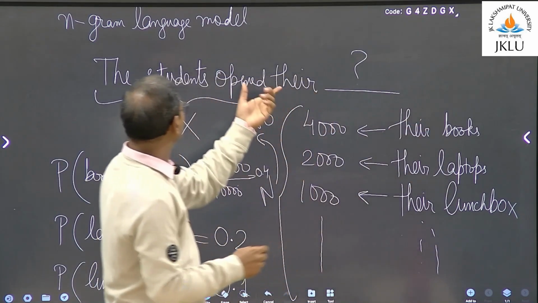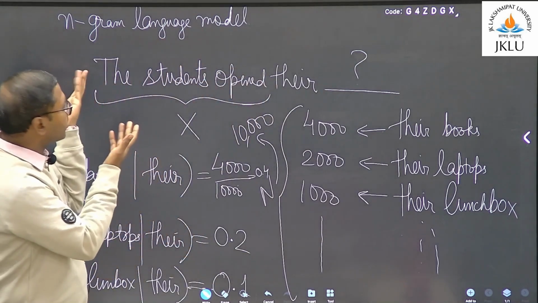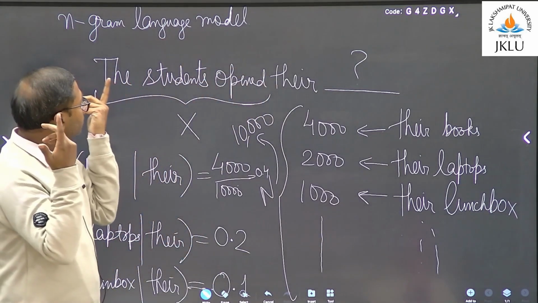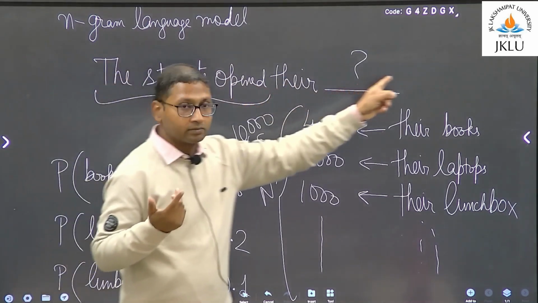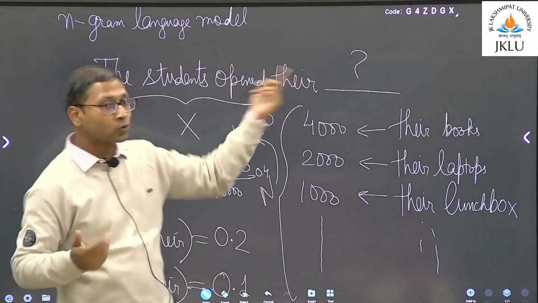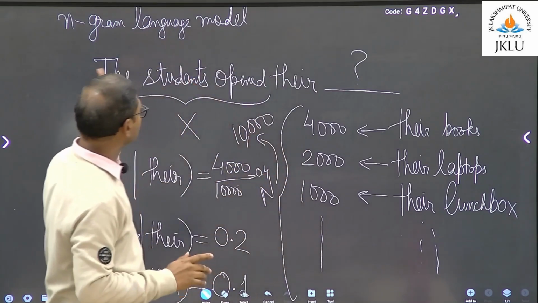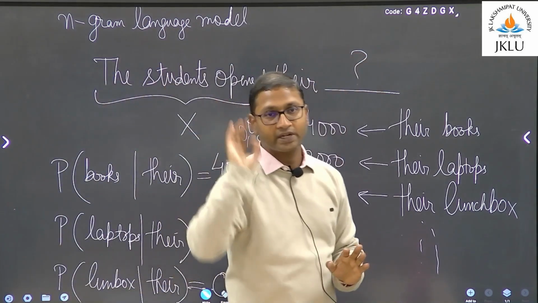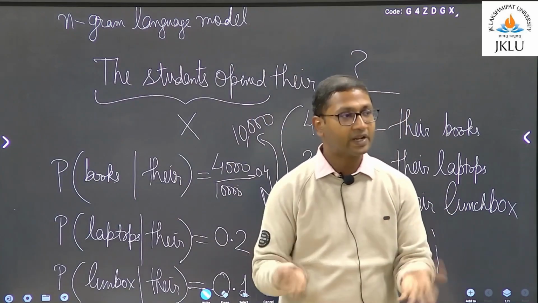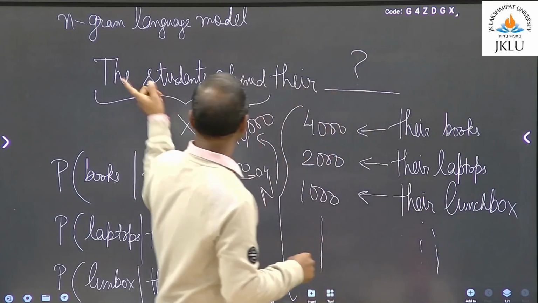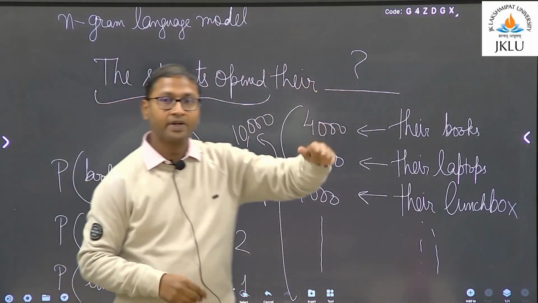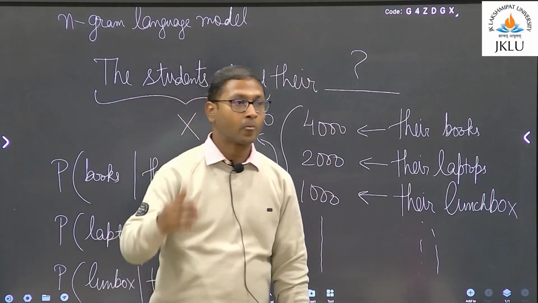No, but at some point, so for example, "the students opened there", this thing let us say occurs only once. So, let us say in my whole corpus, "the students opened their books" is the only sentence. What will I end up doing? The students opened their books, assigning probability of books equal to 1.